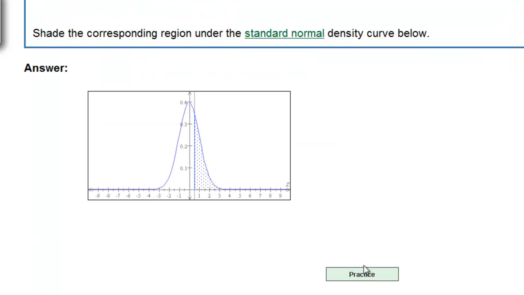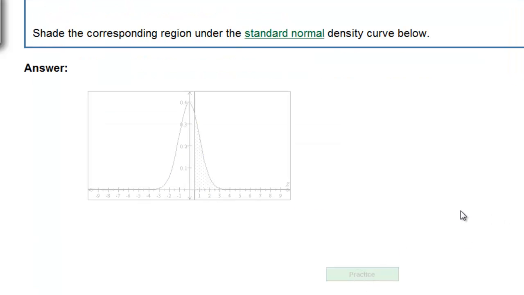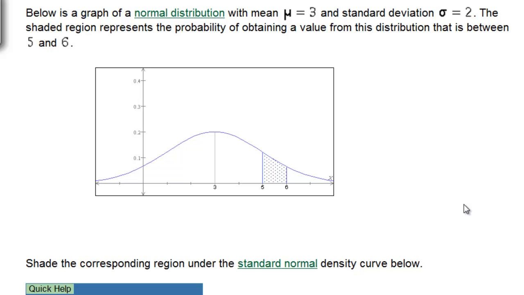Do one more? Sure, why not? I'll practice again. And this will be our last one. A little more involved, because they want the region between 5 and 6. So what does that mean? I'm going to have to convert 5 and 6 both into z-scores. Well, that's not hard, because I can see my standard deviation is 2. So 5 is a z-score of 1, 6 is a z-score of 1.5.